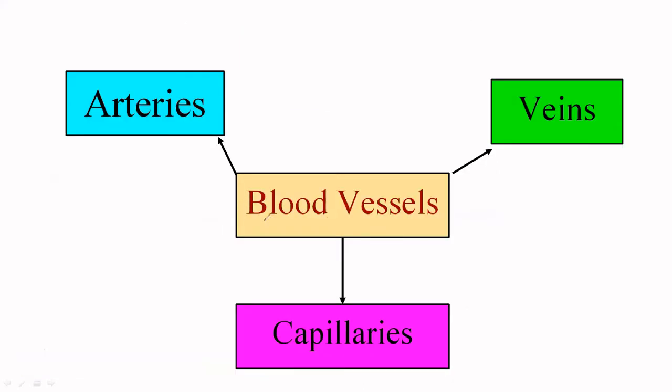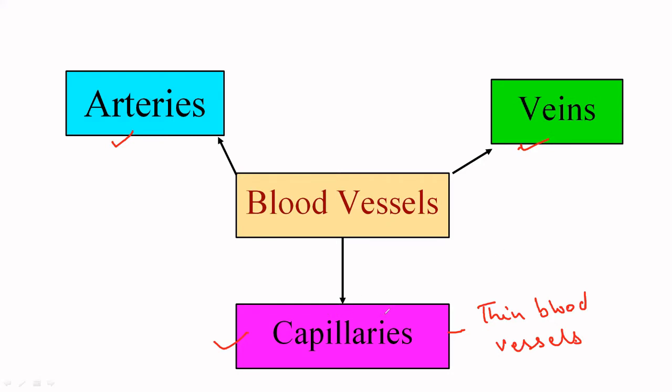Now let us come to blood vessels. Blood vessels are of three main types: arteries, veins and capillaries. Capillaries are very thin blood vessels. They help in joining arteries and veins at some places.